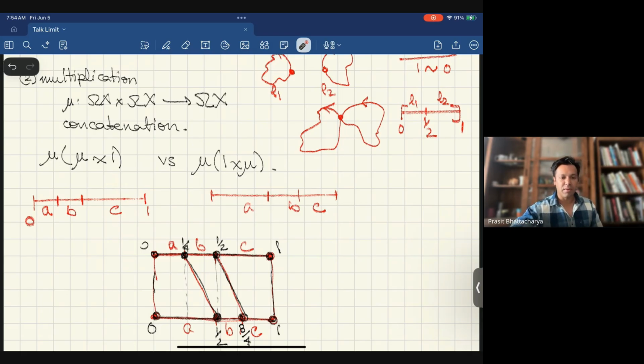Whereas here it's parameterized slightly differently. The first one takes half the time to loop around using A, and then for B you have a quarter of the time, and for C also you have a quarter of the time. So these two are strictly speaking not the same map from S1 to X. In other words, these are not the same loops.